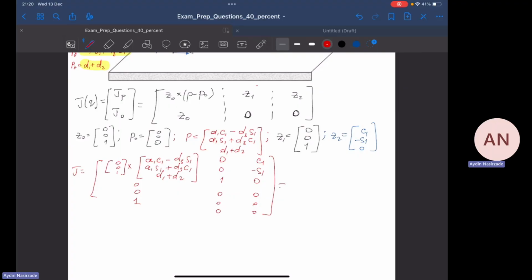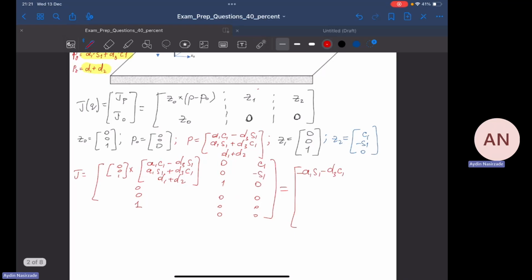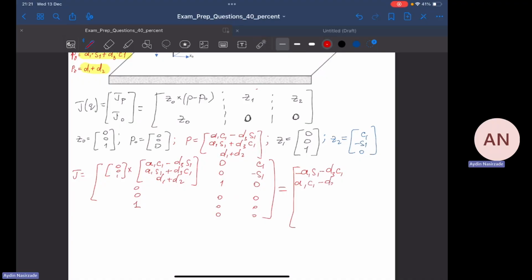And of course you have to actually finalize the form because there's a cross product, right? So multiplication of these two elements minus these two elements becomes minus A1 sine of theta 1 minus D3 cosine of theta 1. Then A1 cosine of theta 1 minus D3 sine of theta 1.